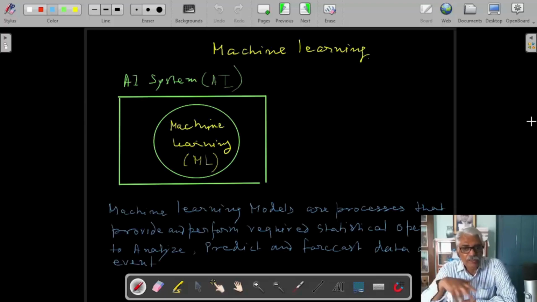It will accumulate all your past searches. It will see what kind of product you have been looking for, and then it will suggest those products which you probably are going to be interested in. So that works in the same manner.